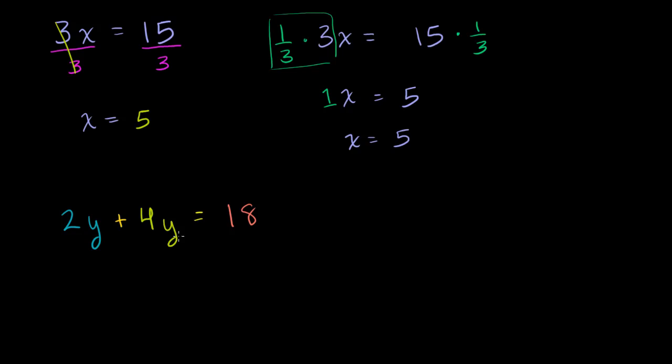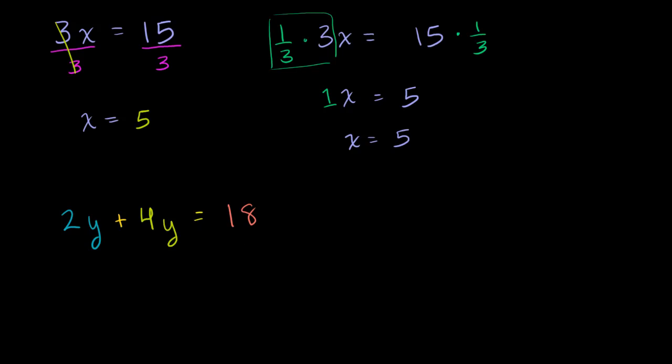Now, all of a sudden, it's a little harder to do in your head. We're saying 2 times something plus 4 times that same something is going to be equal to 18. So here it's harder to think about what number that is. You could try them. I say, well, if y was 1, it would be 2 times 1 plus 4 times 1. Well, that doesn't work. But let's think about how to do it systematically. You could keep guessing, and you might eventually get the answer. But how do you do this systematically?